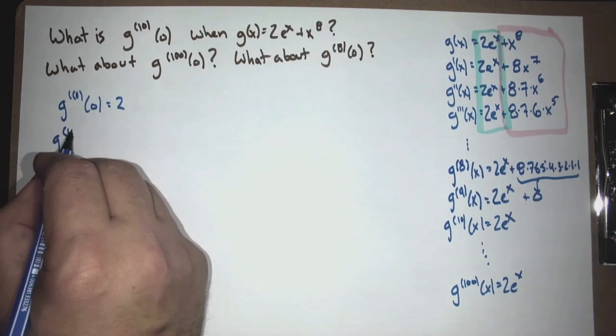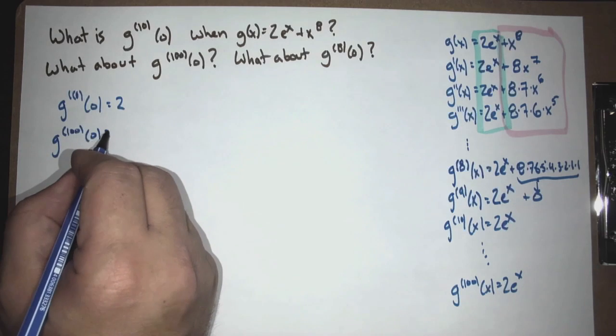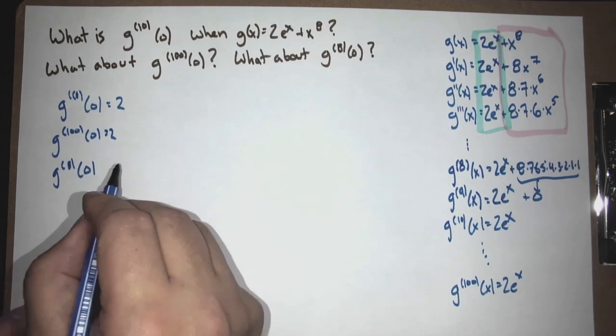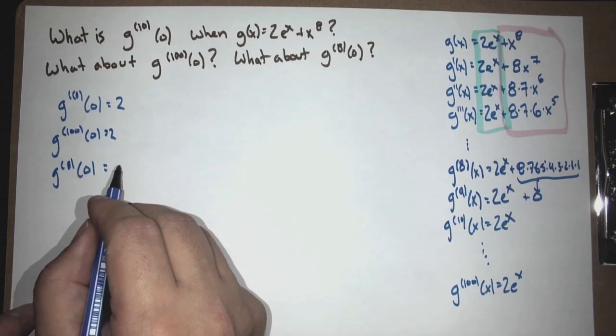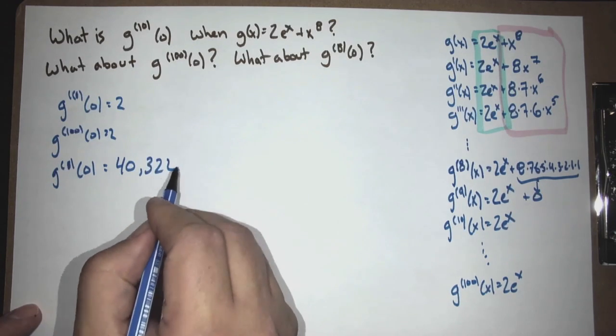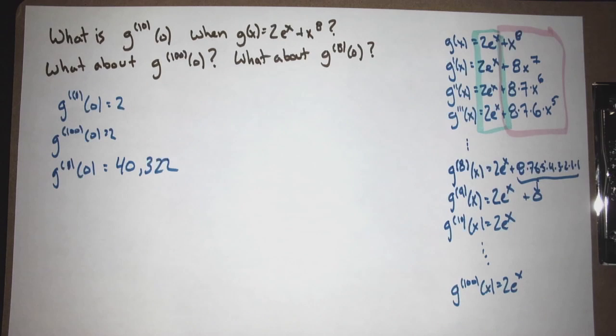The 100th derivative evaluated at 0? 2. The 8th derivative evaluated at 0? 40,322. Right? Because we all know 8 times 7 times 6 times 5 times 4 times 3 times 2 times 1 is 40,320. But don't forget you have to add 2.